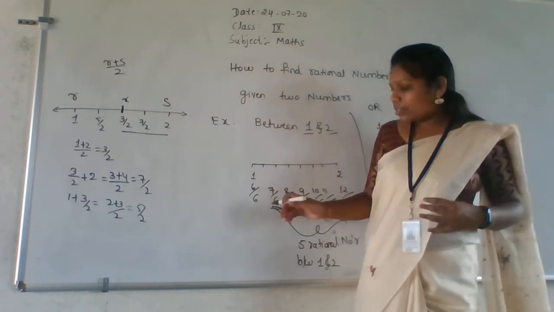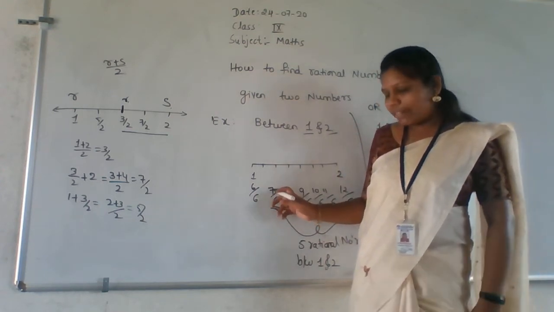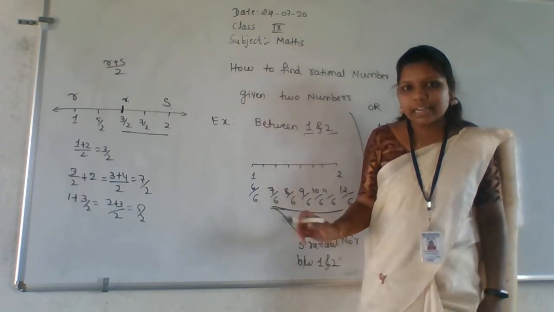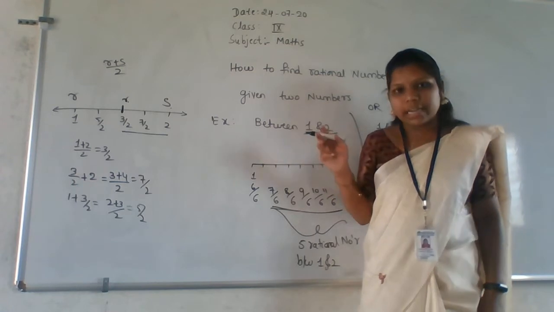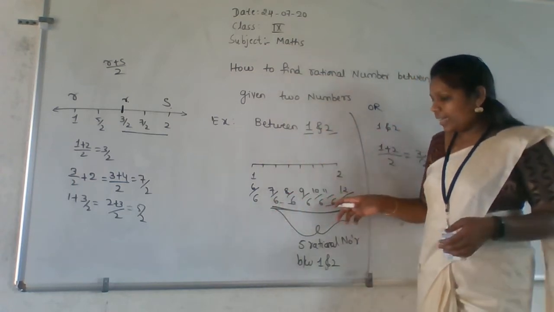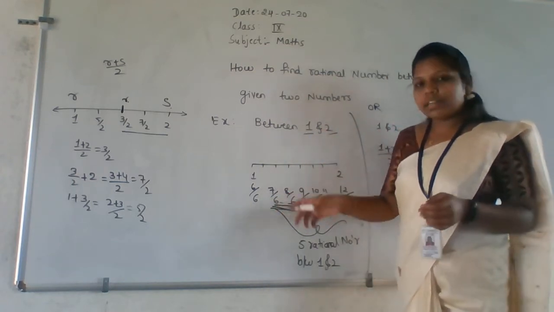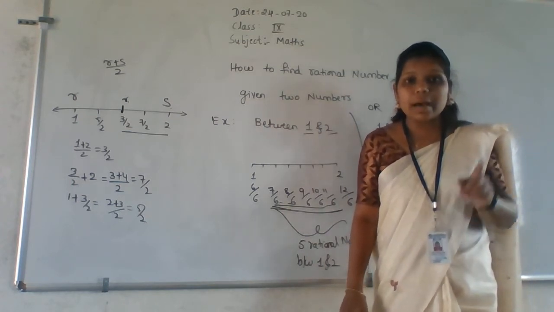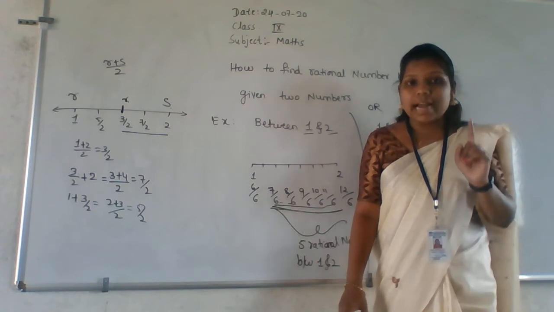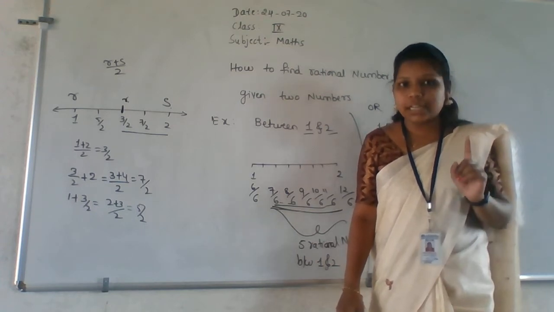Understanding? Because 7 by 6, do the 7 by 6 division. What will you get? 1 point something value. That is nothing but between 1 and 2, right? Okay. What is the definition of a rational number? The number which is in the form of P by Q, that number is called a rational number.